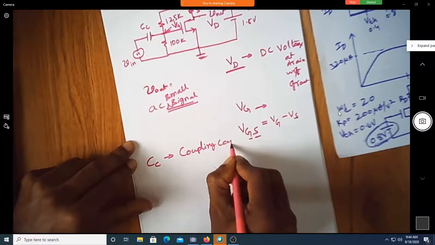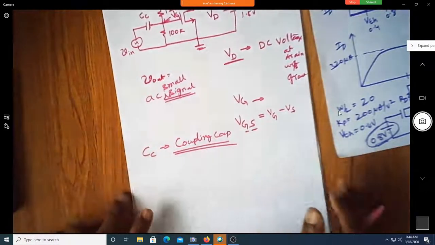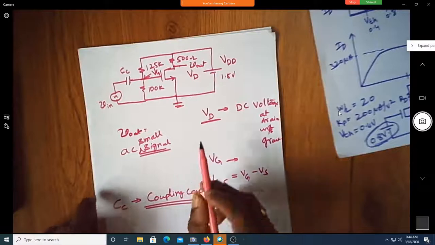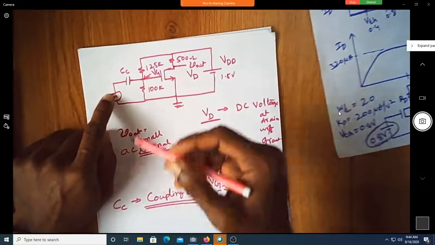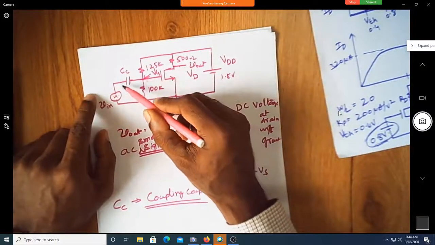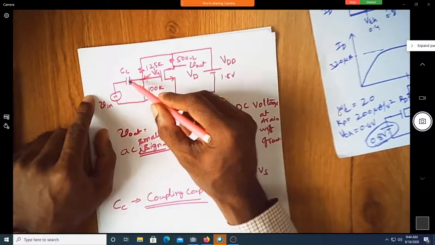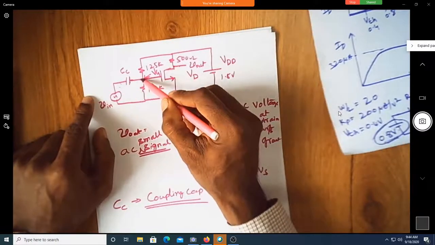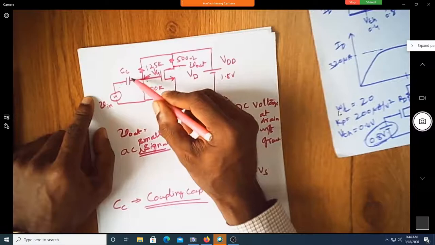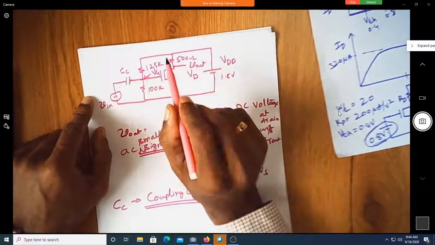The name coupling is because it couples the AC signal from the input to the amplifier. It allows the AC signal from the source to the amplifier, but it blocks the DC.